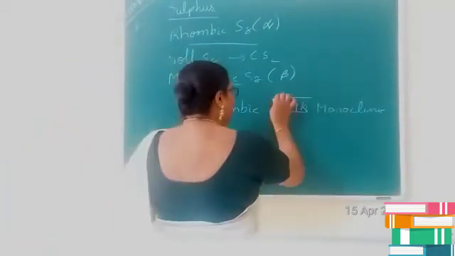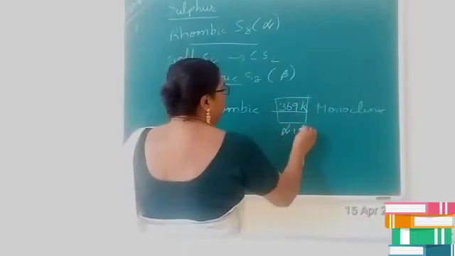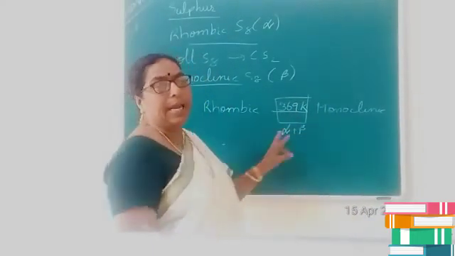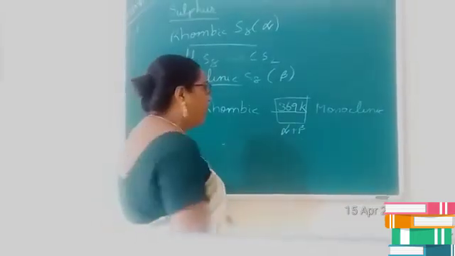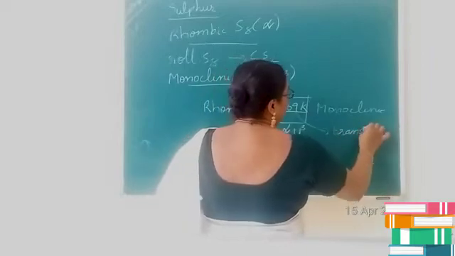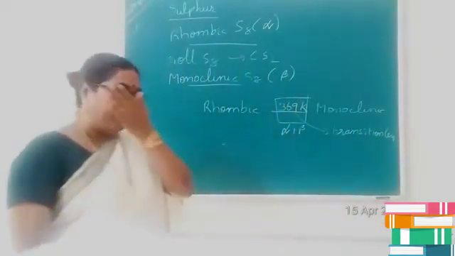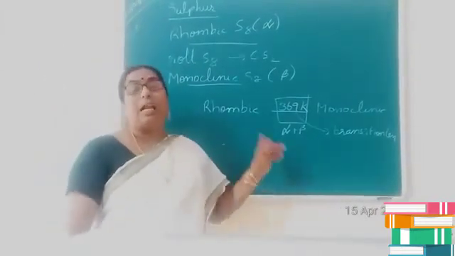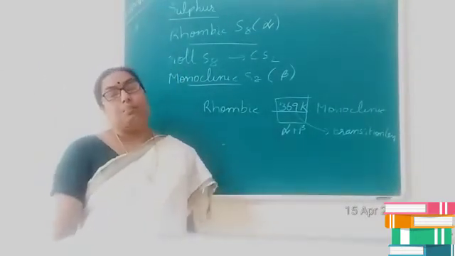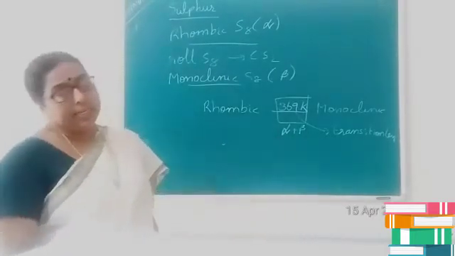At this particular temperature, you can see the presence of both alpha and beta forms, that is, both rhombic and monoclinic sulfur, and this temperature is termed the transition temperature. Is it clear, children? The temperature at which both alpha and beta forms are present, that is both rhombic and monoclinic sulfur, is termed the transition temperature.